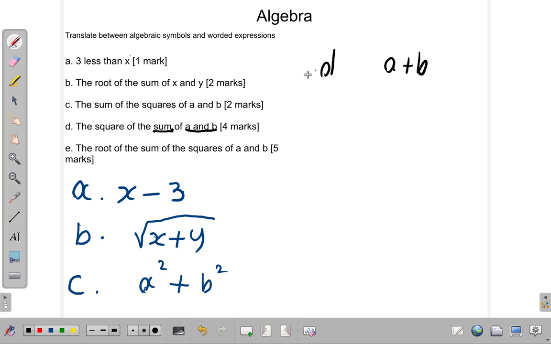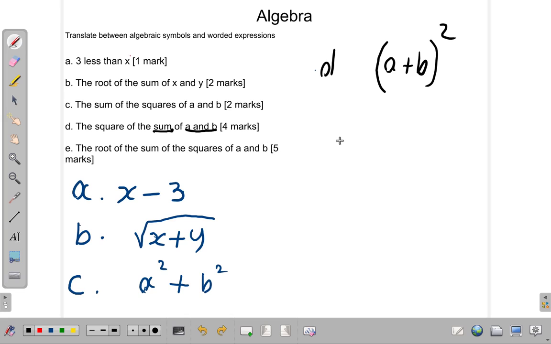Now notice it is not A squared plus B squared. So the square of all of that. So you have A plus B all squared, and you get your 4 marks for that. So if you had that, give yourself 4 marks.